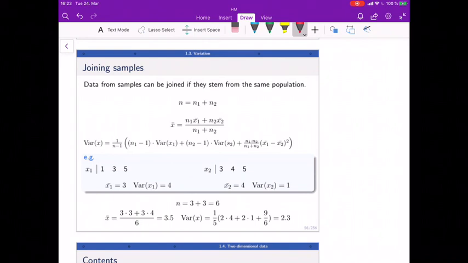Well, here we go. This is the formula. It's quite complicated. N is easy. If you have two subsamples, n1 and n2, you just add them. That's the total number of people. And the mean value of two samples with x1 bar and x2 bar is already a bit complicated, and the joint variance of two samples looks a bit hectic. So I just put it there for your reference. We won't really need it any further.